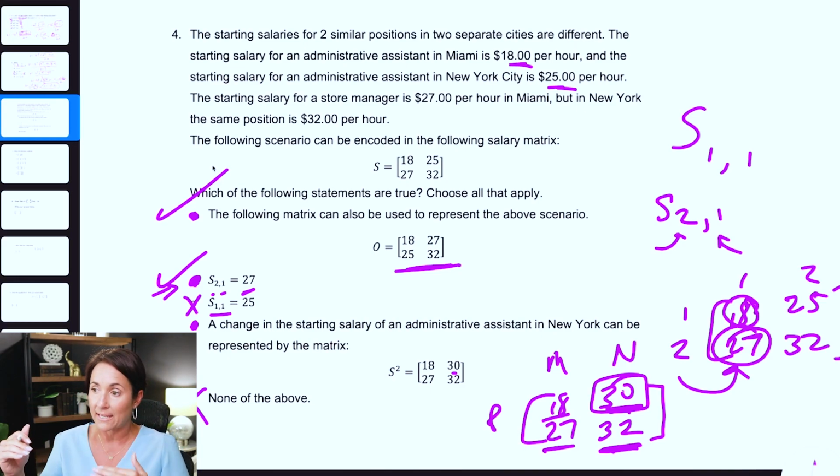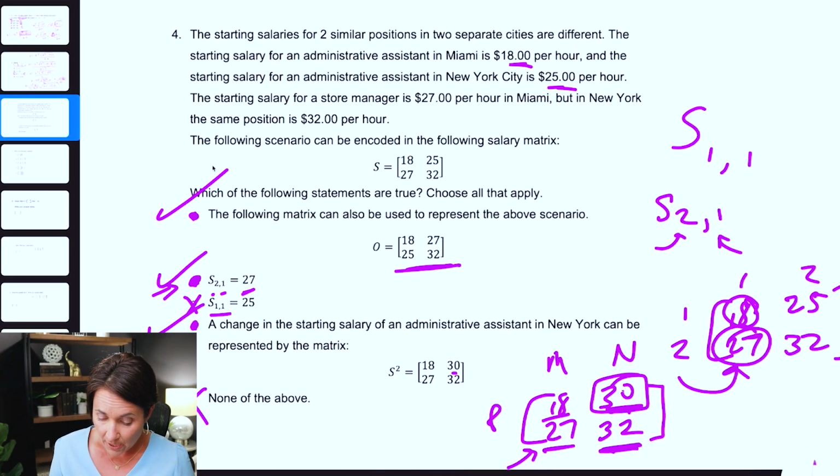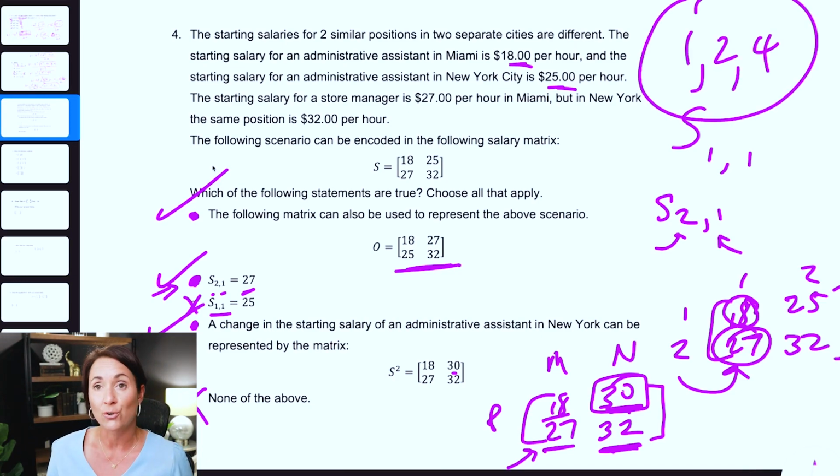So notice that it lines up. Now, if I flipped anything around and moved this 30 over to here or it was in the wrong place, it wouldn't work. But in this case, it does work. So dot number 1, dot number 2, and dot number 4 are correct. 1, 2, and 4. The other ones are incorrect.